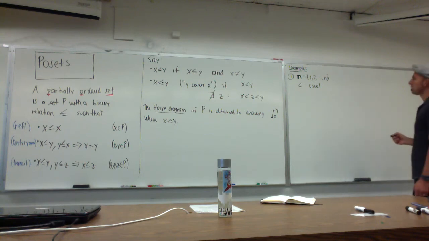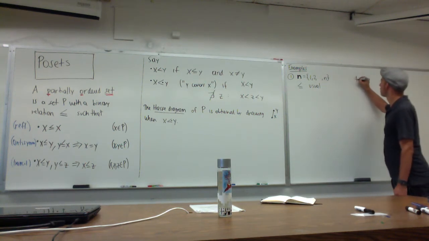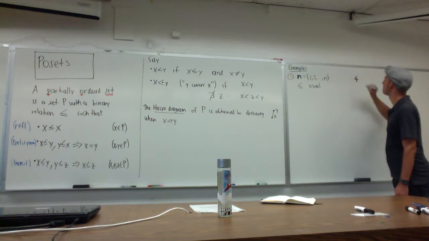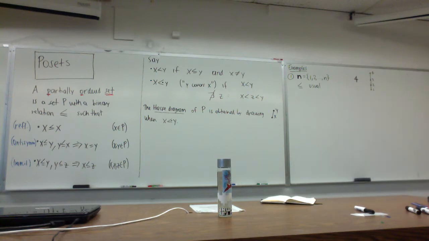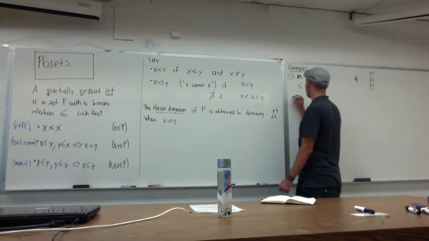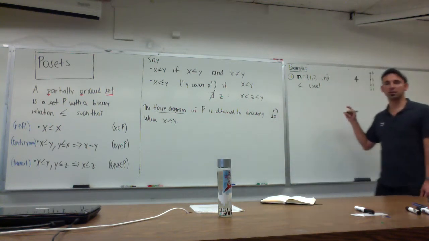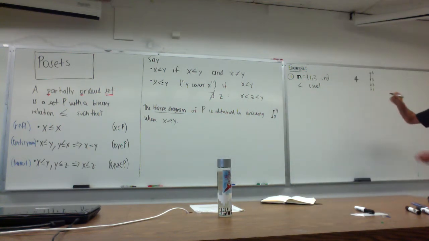For example, if I want to draw 4, then my cover relations are 2 covers 1, 3 covers 2, and 4 covers 3. And this actually is called a totally ordered set because any pair is comparable.